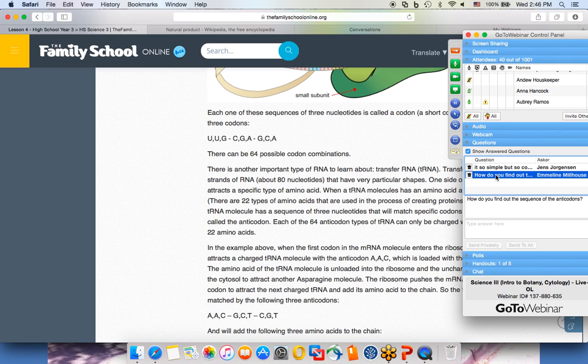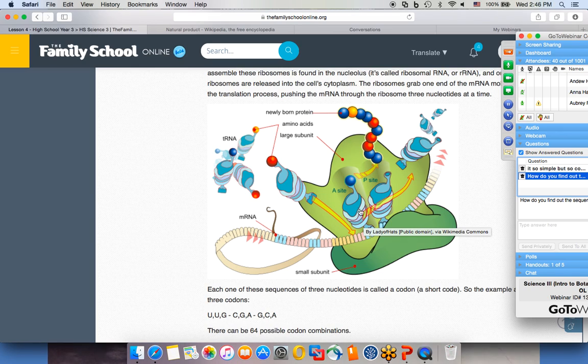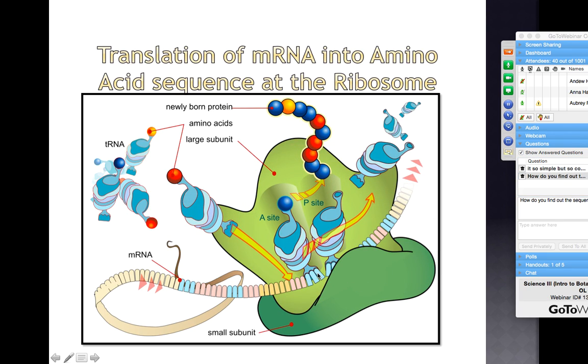So once the codon is matched with a particular transfer RNA with that same anticodon, then the amino acid is released inside the ribosome and is appended into a strand of amino acids.